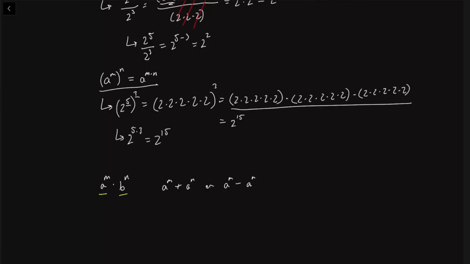Like, you can possibly factor and stuff like that, but there's no real rule to instantly simplify these kinds of things. It has to be multiplication, division, or like an exponent to an exponent.